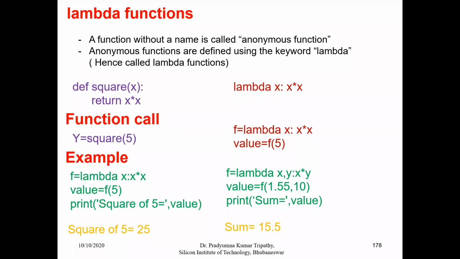But in the second case, with a lambda function, the whole expression actually returns a reference to a function, which is assigned to a function variable f. Now, by using f, I can pass a parameter. This 5 is x, 5 into 5 is 25 is returned, and it will be stored in value. Is it understood?